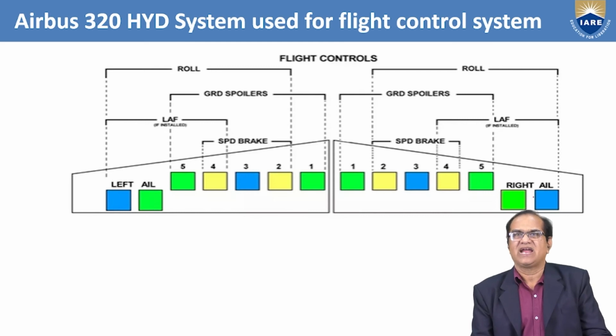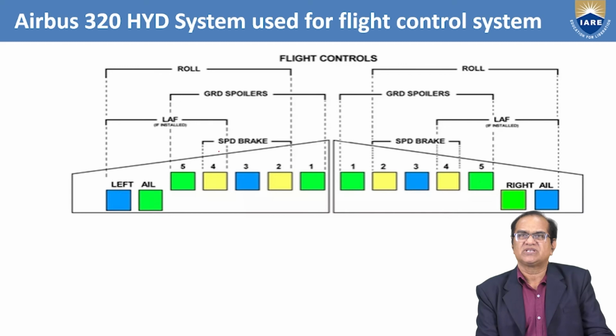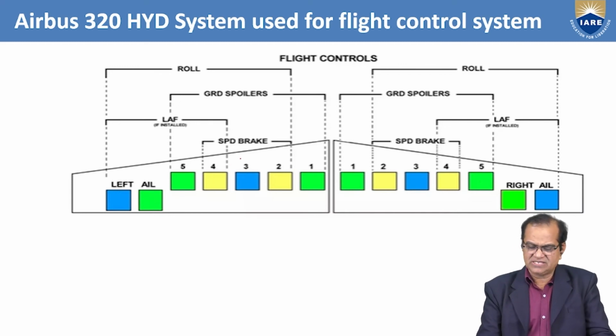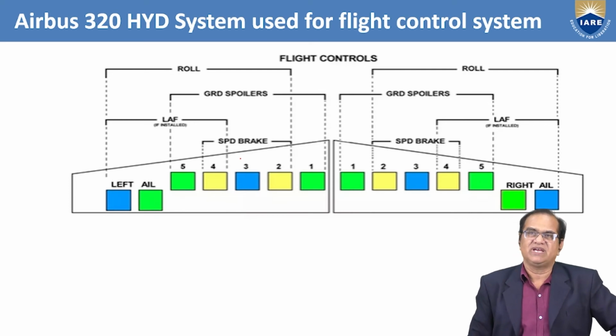It is mentioned that for roll these two are used, and this is the blue here. Speed brakes are used by these yellow systems. If you see here the roll, yellow system, speed brakes, these are all shown here, and these are all situated in the wings of the aircraft.